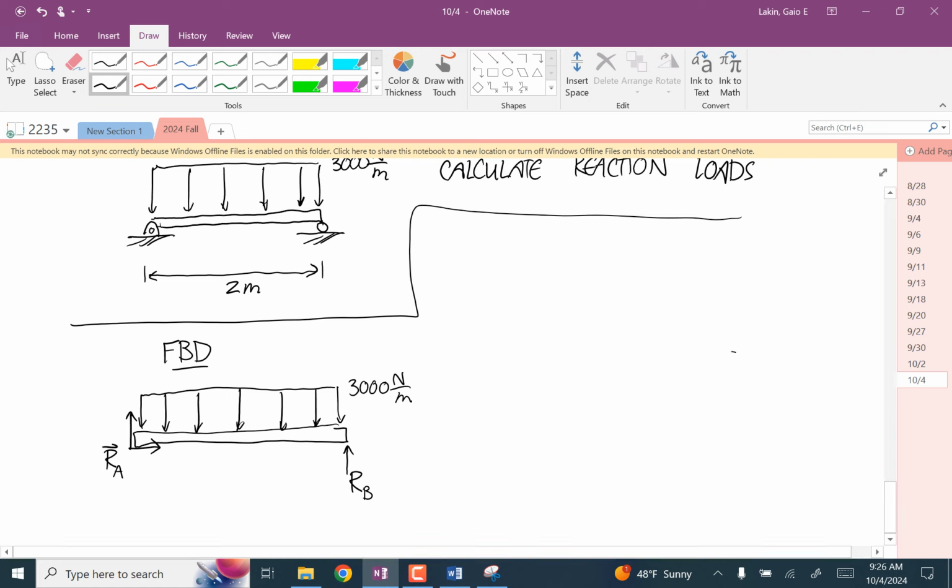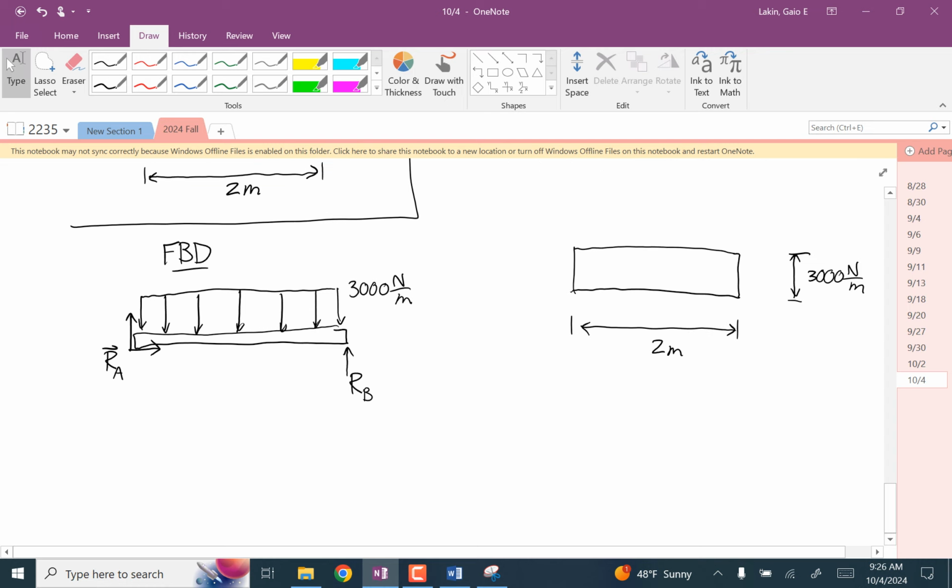Okay, so let me draw that distributed load shape. Not drawn to scale, but the height is 3,000 newtons per meter. The width is 2 meters. And so the area of that shape is 3,000 times 2, so 6,000 newtons.